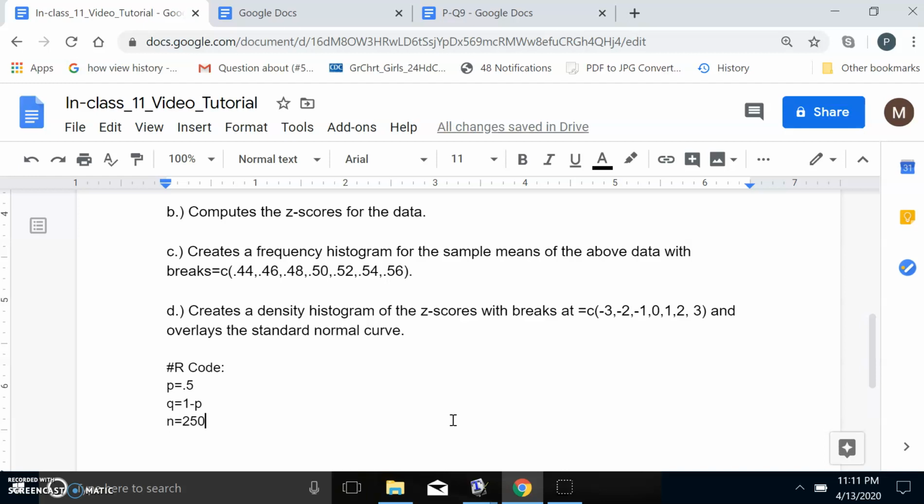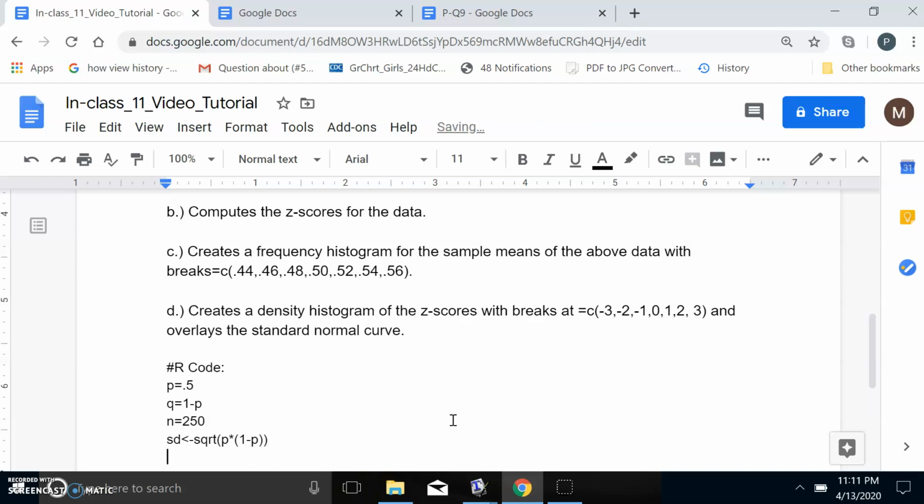Okay, then we need the standard deviation. It's going to be defined as the square root, SQRT, of p times 1 minus p.